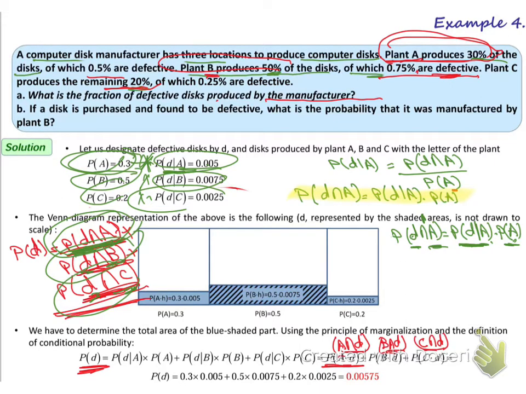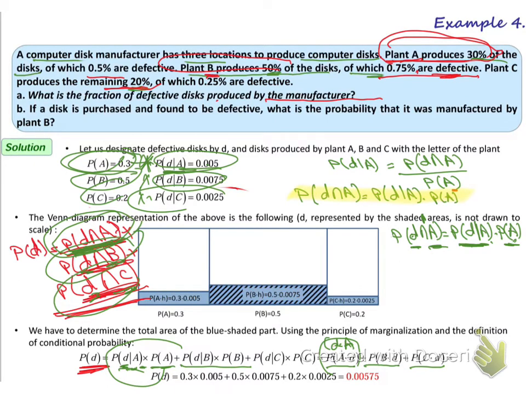So these are the probabilities. I can use the probability of AD, BD, CD, or I can use their expansion. If you expand this one, you will get the probability of DA or AD, which is D given A times the probability of A, because this is the probability of D intersect A. And here, the probability of D given B, and so on.